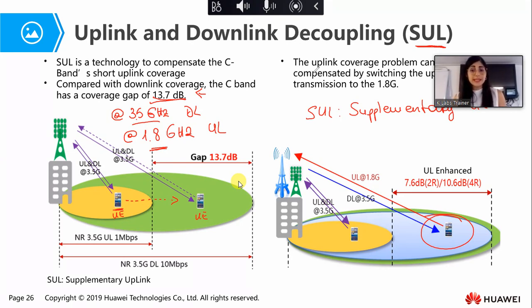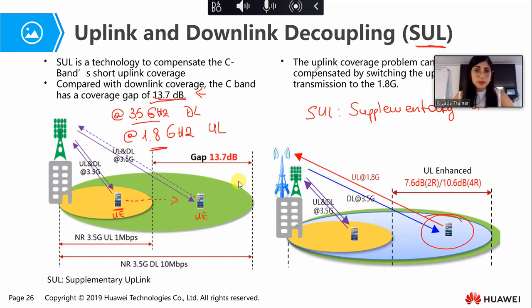They work in TDD because, since we have a problem in the availability of our spectrum, we want to use the same frequency for both uplink and downlink to save frequency resources.